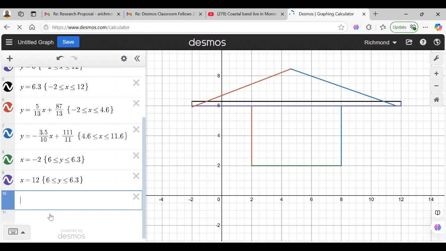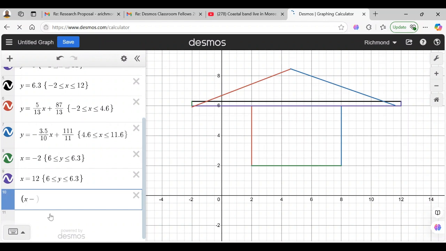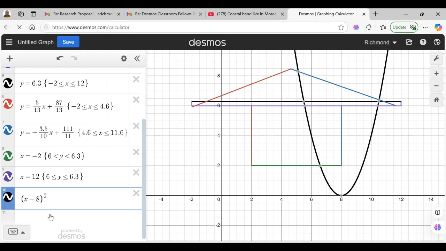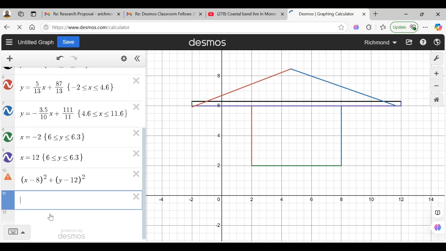We can also write an equation of a circle to depict the sky or a sun brightening up the building. You can have an equation of the form x minus 8 to the power 2 plus y minus 12 to the power 2 equals, let's say, 3.